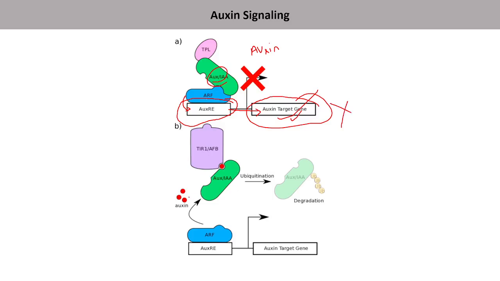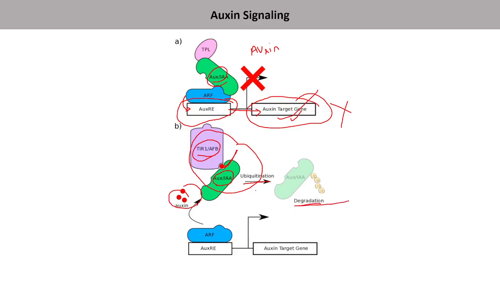Now let's consider a situation where the auxin is present in our plant. Now this auxin will recruit this TIR1 AFB factor to bind to this AuxIAA. So this is the auxin molecule. Only in presence of this auxin molecule, this AuxIAA will bind to the TIR1 factor, and once this entire complex is formed, by the method of ubiquitination, this entire complex will be degraded.